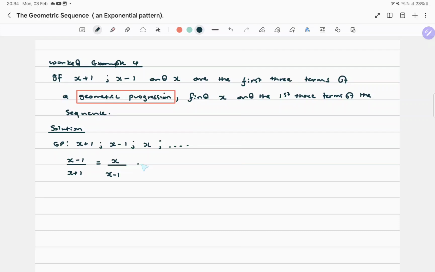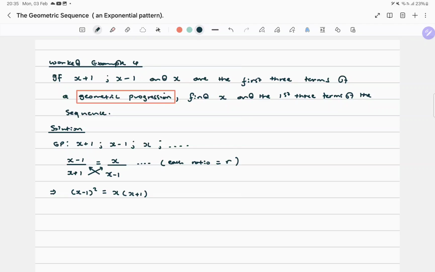Can you see we're being smart here now? Why? We know that each ratio is equal to r, which is the common ratio, and so that's why those two are equal. Now, gymnastic of choice, cross multiplication. This implies that we've got x minus 1 all squared equals x into x plus 1.